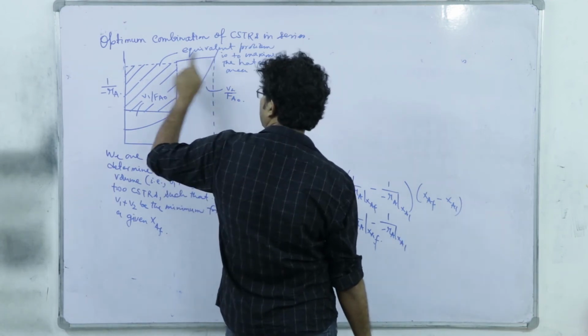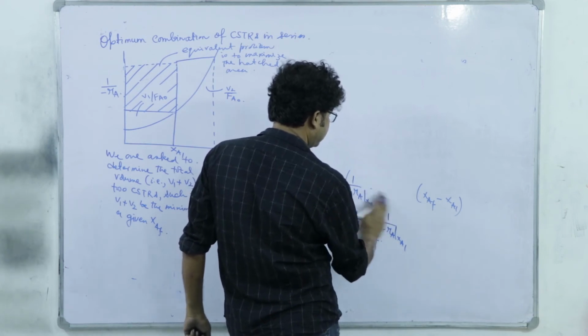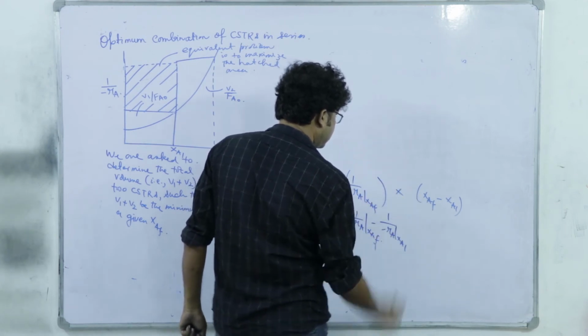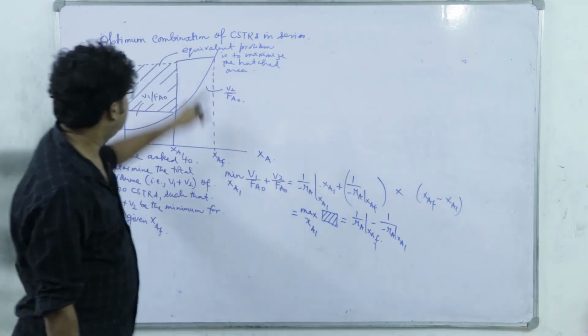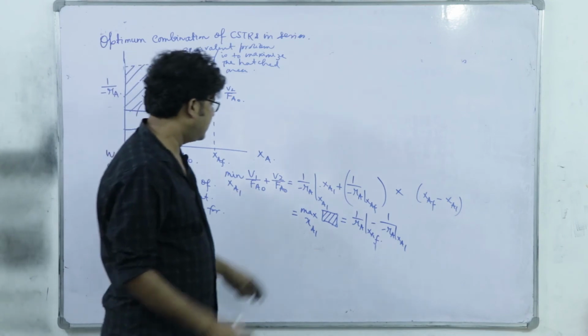So, I think yeah, no, here we should not have this. 1 by minus Ra this much into Xaf minus Xa1.